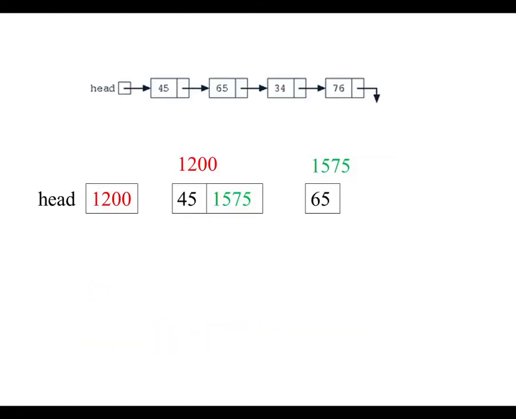We have this figure. The value of the head is 1200. The data part of the first node is 45 and the link of the first node is 1575, which is the address of the second node. The second node has an address of 1575, its data is 65, and the link is null.